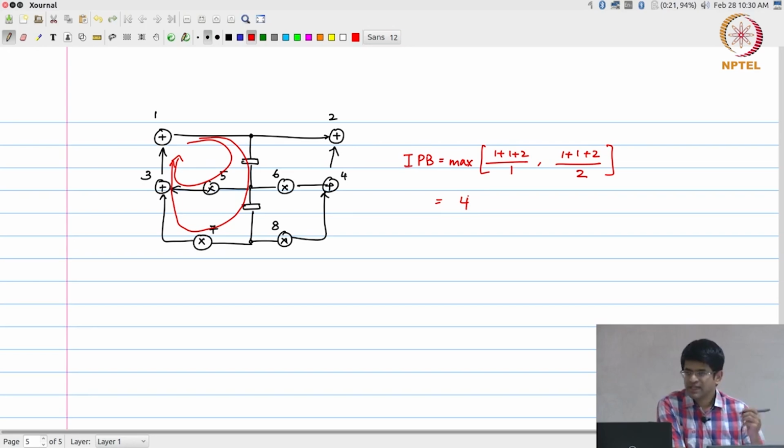Alright, so now that I have a target, I want to make my critical path equal to 4. What can I do about it? How do I achieve that? I can do some kind of retiming or pipelining. Pipelining is in some sense a special case of retiming.